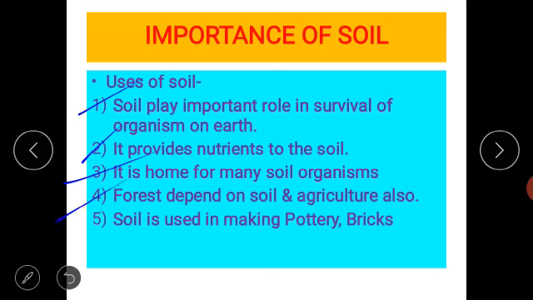Forest depends on soil, and agriculture is also dependent on soil. When forests grow, we get many things from the forest. We get timber, firewood, gum, resin, tannin, spices, and fruits from the forest.